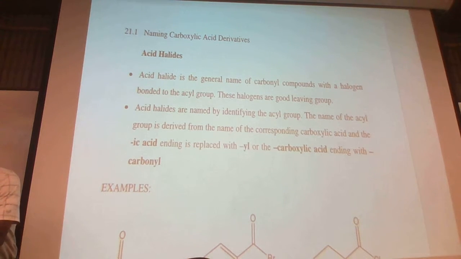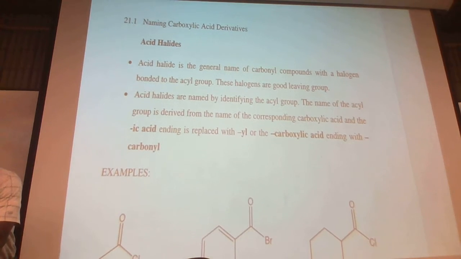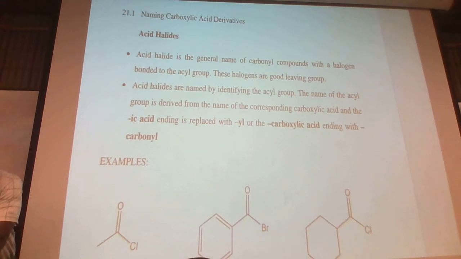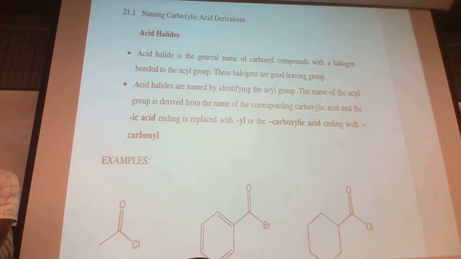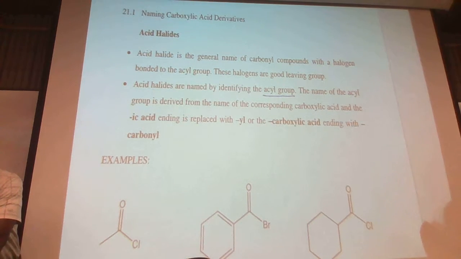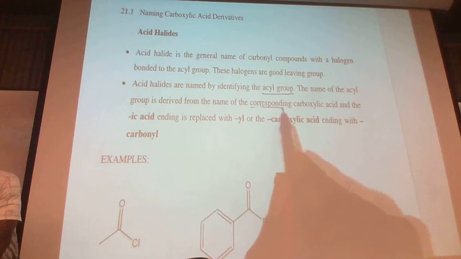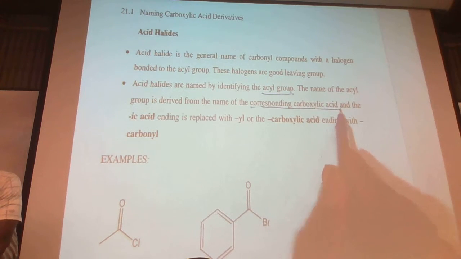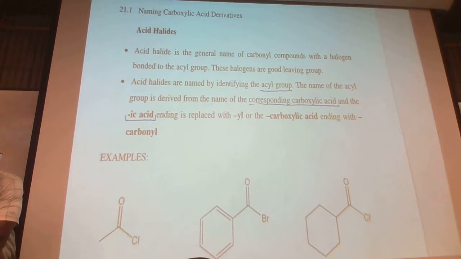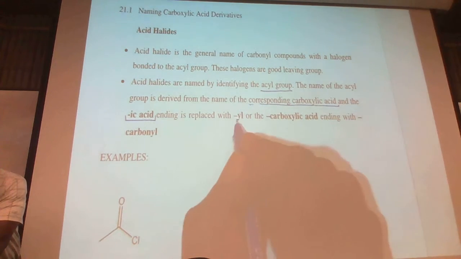If you want to name acid halide, the first thing you want to do is to identify the acyl group that is connected to the halogen, and you get the name of the acyl group from the corresponding carboxylic acid. So all you need to do is to change the ic acid that ends the corresponding carboxylic acid to -yl.